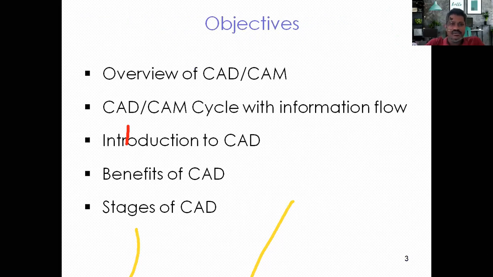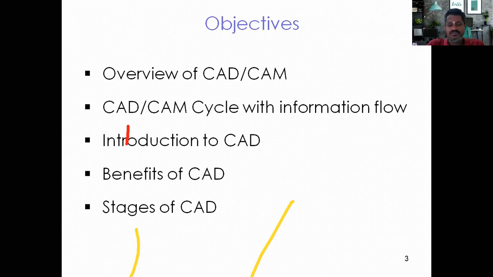We will see the overview, in which we will see the CAD/CAM cycle. That means you have some concept in your brain. Then if you want to manufacture one component, what exactly is the information that you require, and what exactly are the steps you require to transform that concept into a useful form?